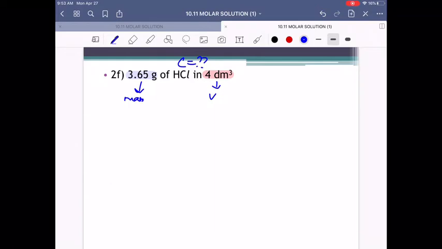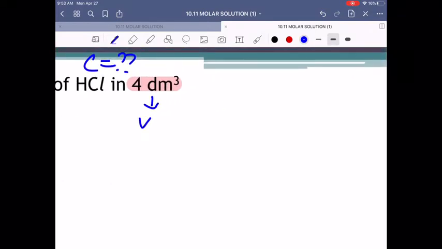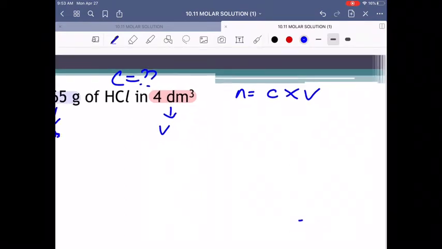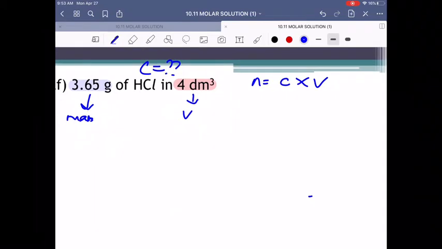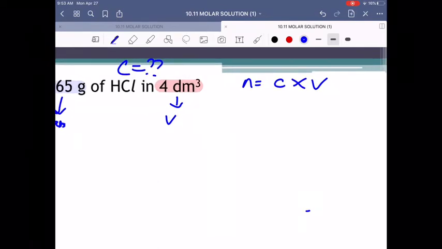Because we know our formula is number of moles is equal to concentration times volume, but how do we get the concentration if we don't have the number of moles? You are required to find this. Your volume is available, but where is your concentration? Where is your number of moles?